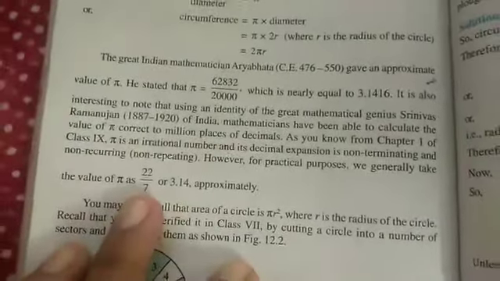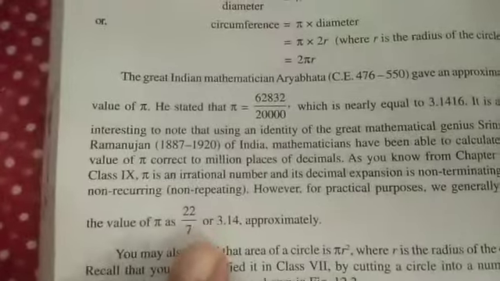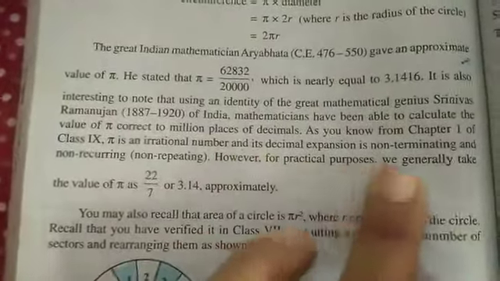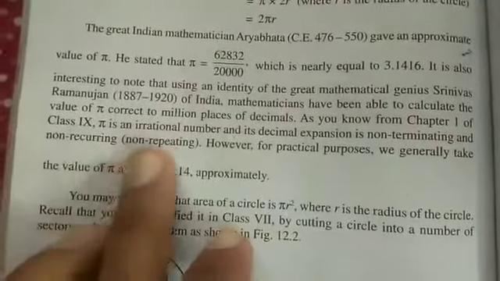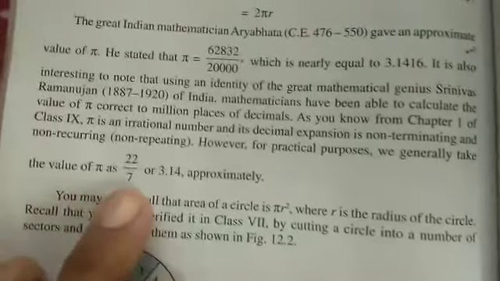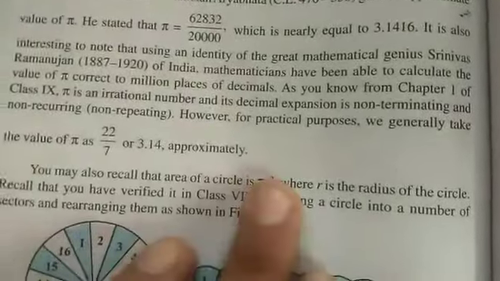The value of pi is also written as a ratio, that is 22/7. So pi is an irrational number and its decimal expansion is non-terminating and non-recurring, that is non-repeating. However, for practical purposes we generally take pi as 22/7 or 3.14 approximately.